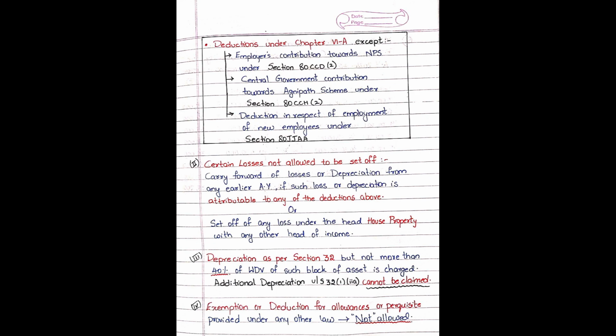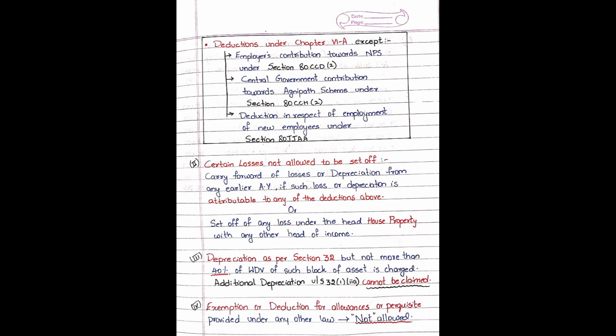There are few more points which we have to revise under the default tax regime. If there are any losses or any depreciation which is attributable to the deductions we have just discussed, these above mentioned deductions, they are not allowed to be carried forward for set-off purpose from the earlier assessment years.